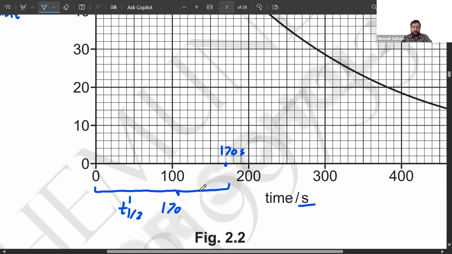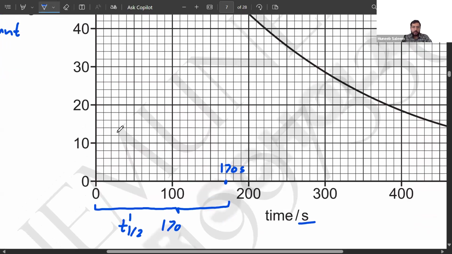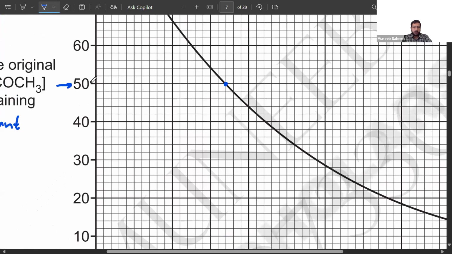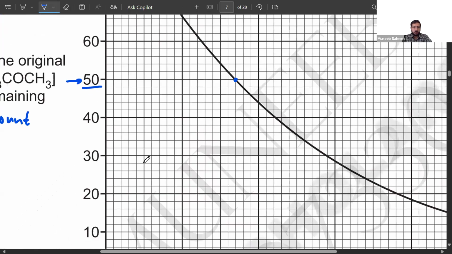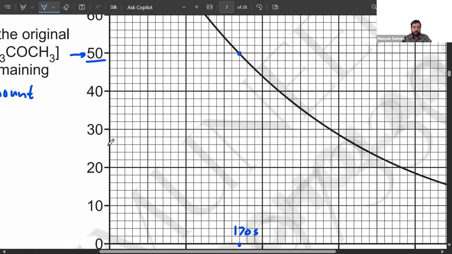Now, for the second half-life, I need to take 50% of this 50%, which means it should give me 25%. The half of this 50% is at 25%. Now this is 20, 22, 24, 26, 28, 30. So 25 is over here. Now if I check this on the graph, it should give me the value right over here.